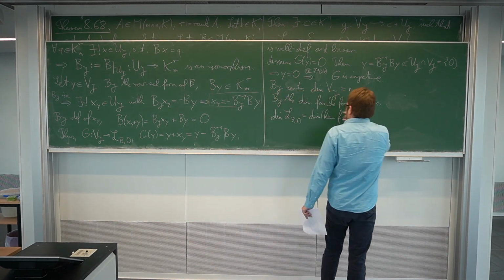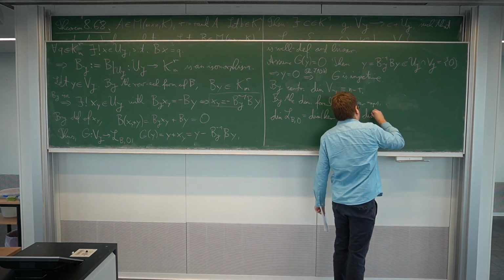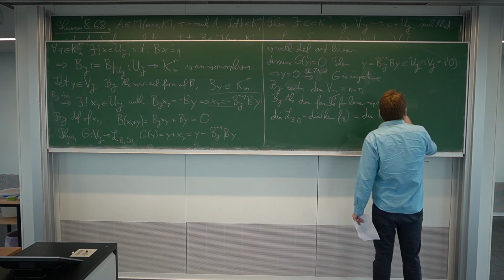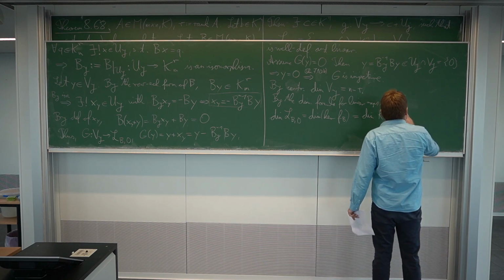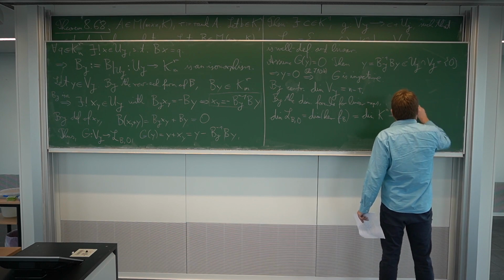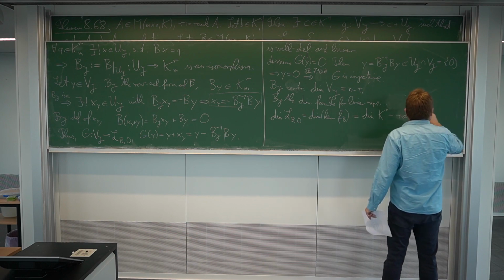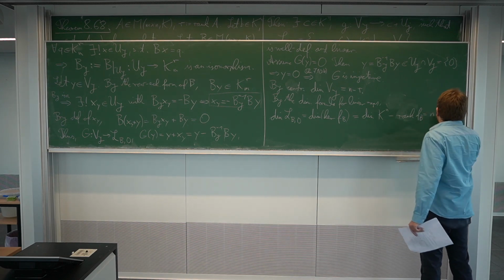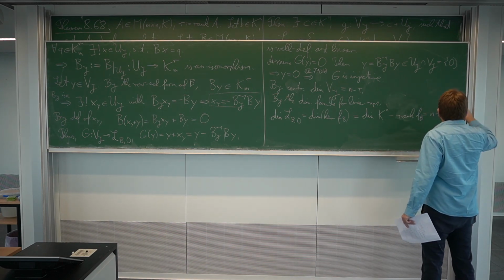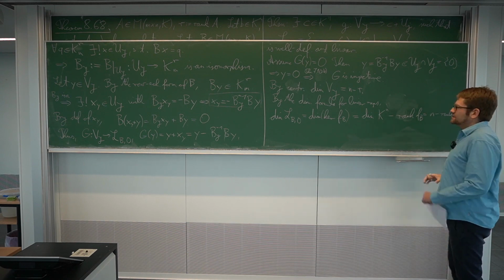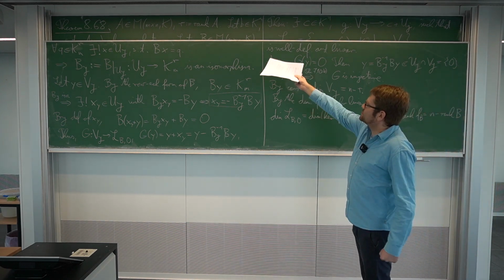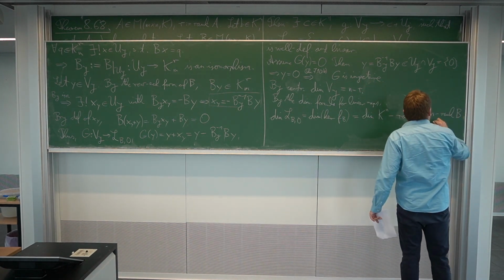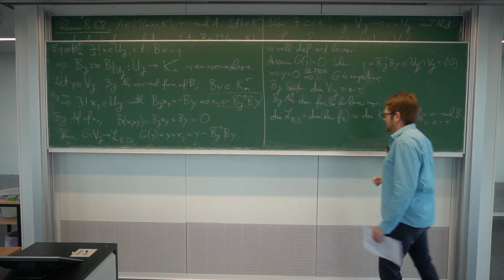But this is now by this theorem the same as the dimension of the whole space minus the dimension of the image. The whole space is K^n, so this is n, and the dimension of the image is by definition simply the rank of F_B, which is the same as the rank of B. This is what we've seen. But since A has by assumption rank r, and B is row equivalent to A, this means B must also have rank r itself.